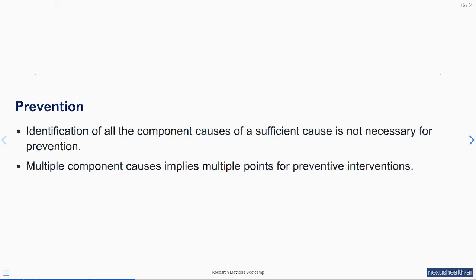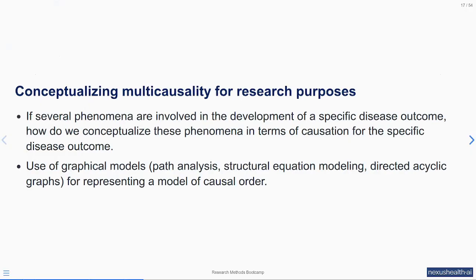So identification of all the component causes of a sufficient cause is not necessary for prevention. So multiple component causes imply multiple points for preventive interventions. And so we've illustrated this concept already. So, conceptualizing multicausality for research purposes.